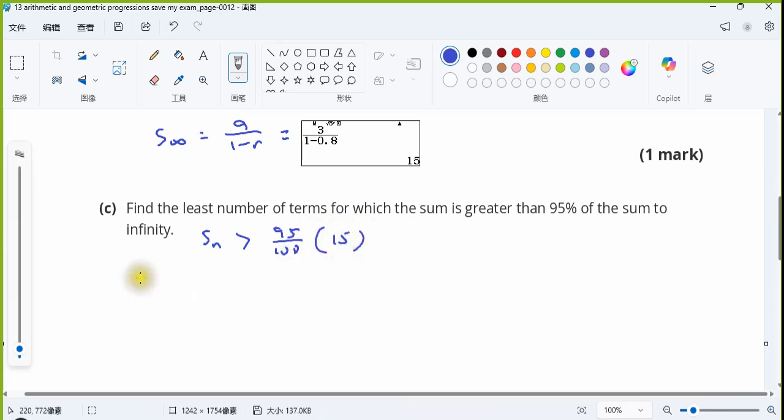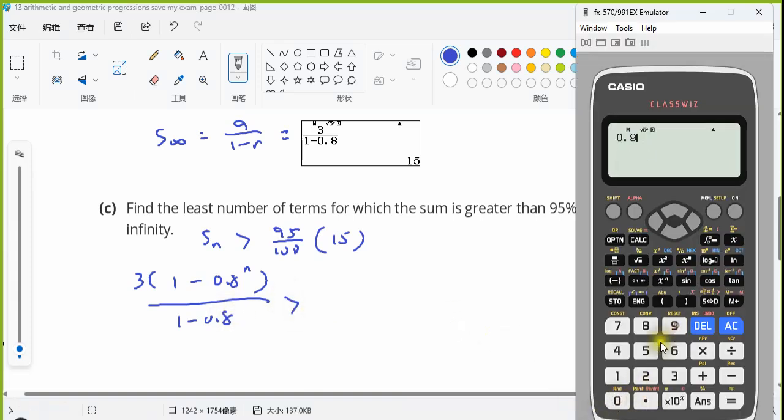So Sn is a, 3, and then 1 minus r power n, over 1 minus 0.8 greater than 0.95 times 15.